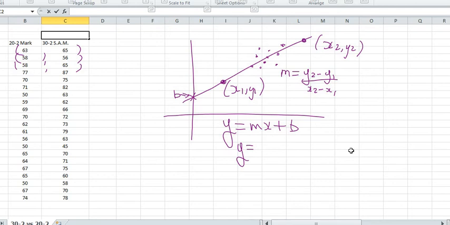That's an example you could follow to get it. Mine was y equals 1x plus 1. Okay. Anybody else?